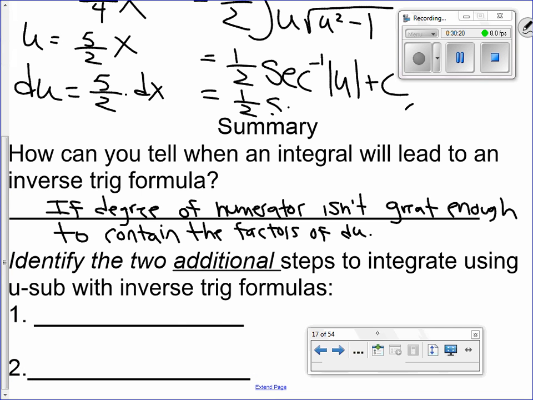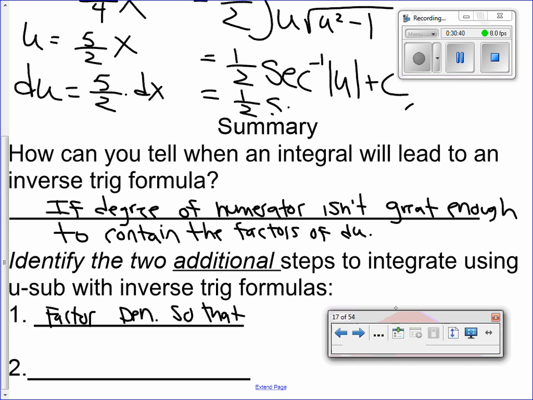Okay, you got to factor out to get a 1. If you need a 1 in the denominator, you're going to have to factor the denominator so that the constant is 1, so that you've got a 1. I think we know what we mean by that.